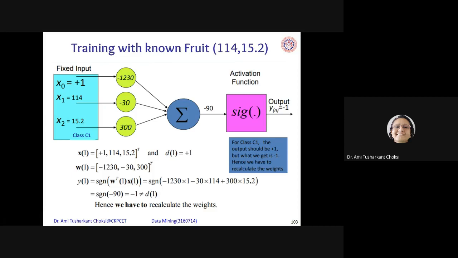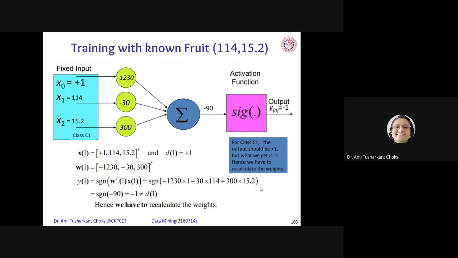Now, W1 is given. Now we want to find Y1, the actual output at time 1. Y1 is SGN of W transpose 1 into X1. That is equal to SGN of minus 1230 into 1, plus 114 into minus 30, plus 300 into 15.2.